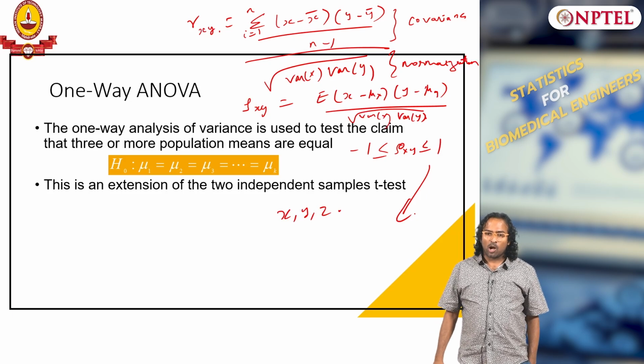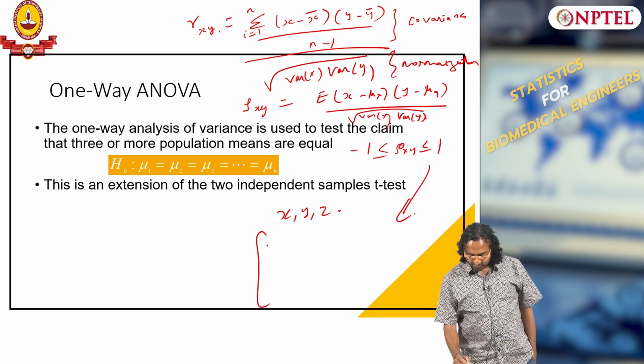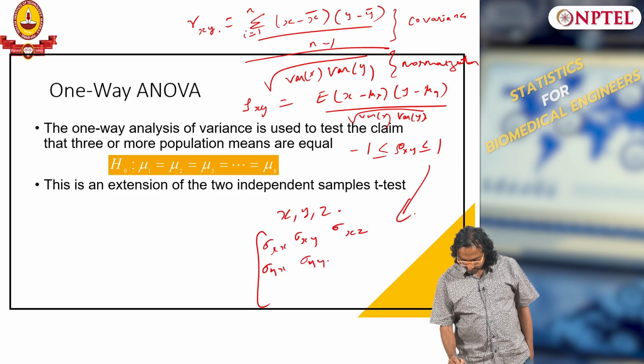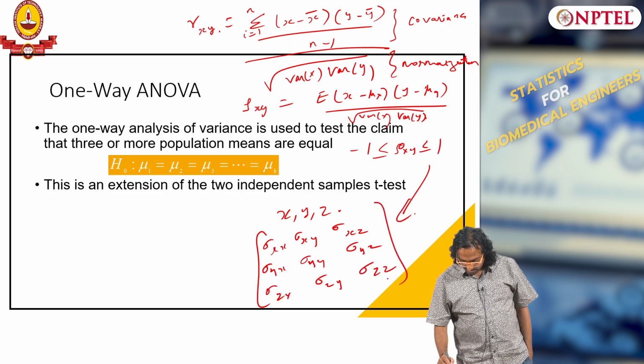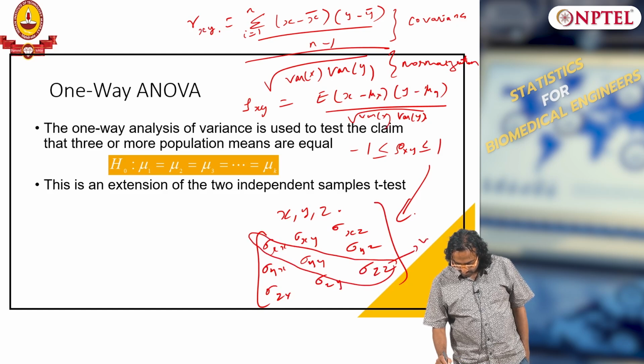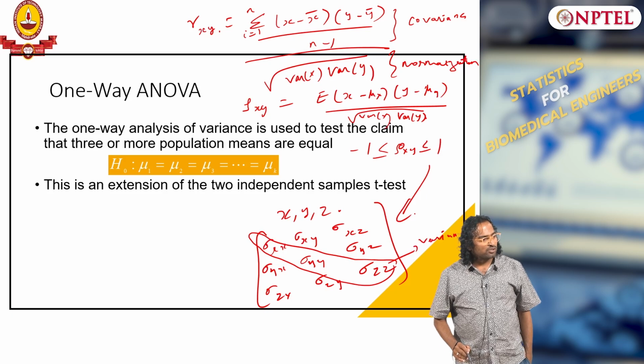Pairwise. So what is a compact, mathematical way to represent this is the following. The diagonals are nothing but variance. I did not take a square root, okay.